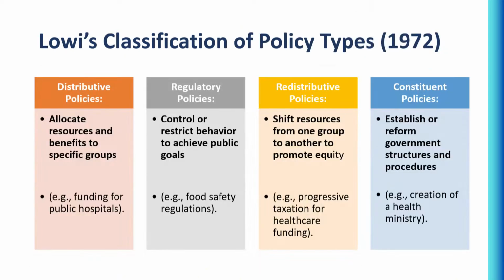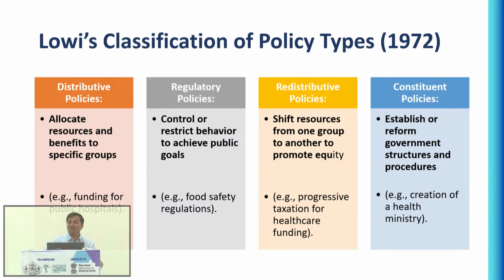There is another classification given by Lowi. He talks in terms of distributive policies, regulatory policies, redistributive policies, and constituent policies. Distributive policies are mostly focusing on allocating resources and benefits to specific groups. Regulatory policies are to control and restrict behavior to achieve public goals.